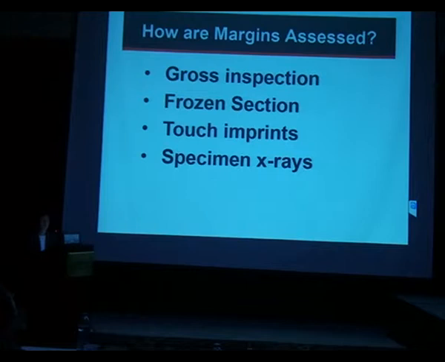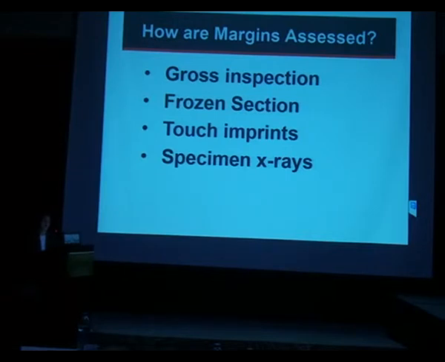Even for DCIS, we say DCIS is not a palpable lesion, but especially high-grade DCIS, when you section the specimen in a fresh state, you can really identify the high-grade DCIS. So looking at the specimen closely when you section it into 4 or 5 millimeter thickness is really helpful.